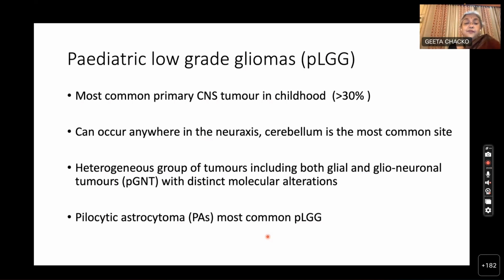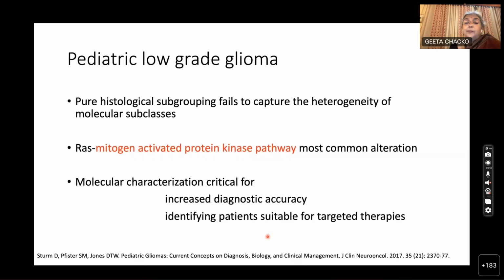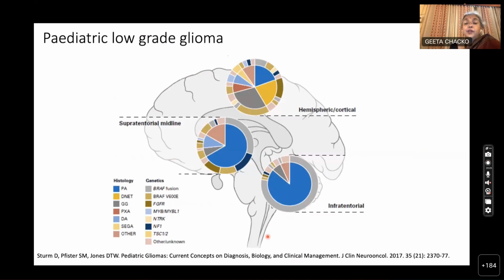So, just a little bit about pediatric low-grade gliomas. Essentially, like I said, they're very common. They can occur anywhere in the neuraxis, but cerebellum is a very common site. Pilocytic astrocytoma is one of the most common low-grade gliomas, and this also includes the glioneuronal tumors. The MAP kinase pathway is the most common alteration seen in these tumors. This is a schematic of the distribution of pediatric low-grade gliomas, including both the diffuse and the circumscribed.